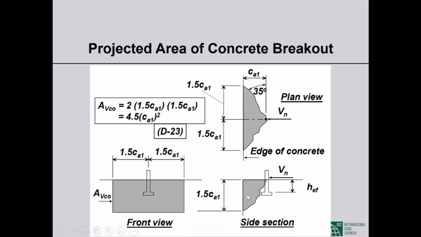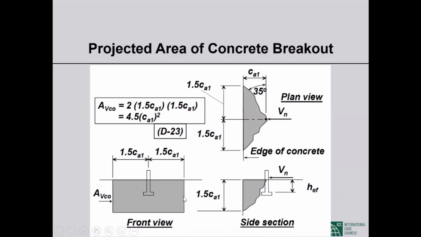Okay, so this is what breaks out on the surface, on this face. Okay, the extent of the breakout this way is 3 times C sub A1, and the depth of that breakout is 1.5 times C sub A1.